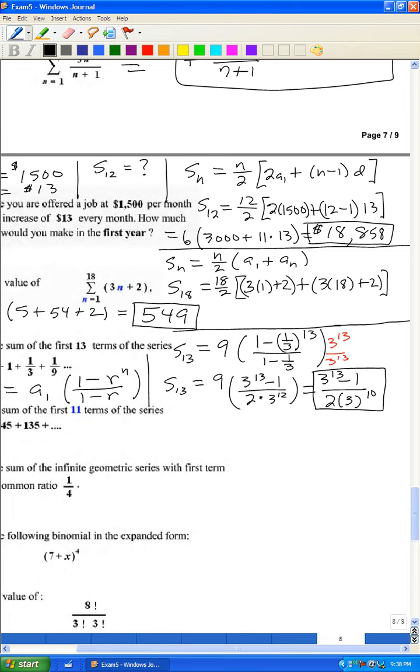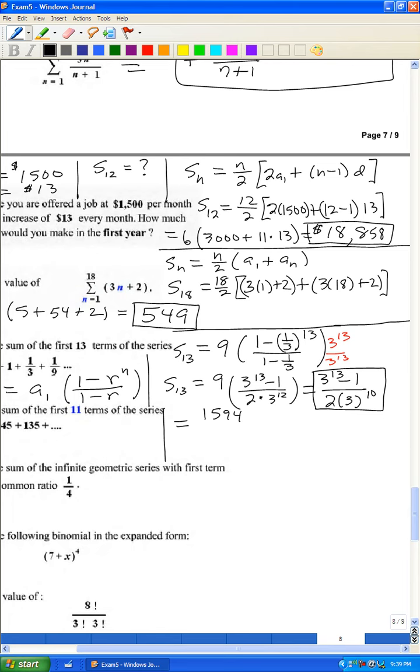So this is equal to, let's do that, 3 to the 13 minus 1 is 1,594,322. Divide that by 2.